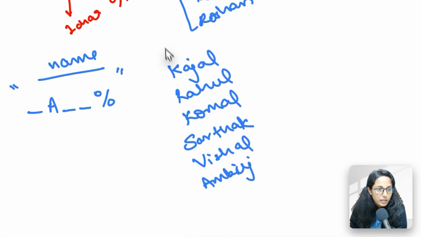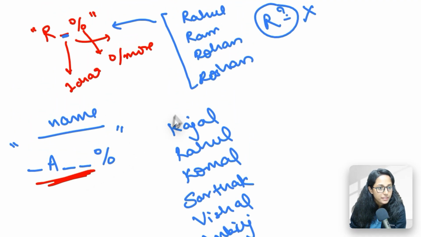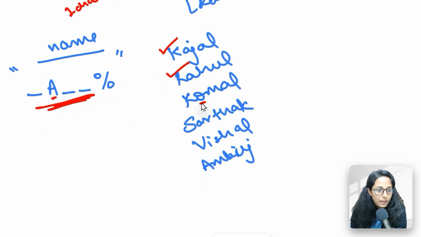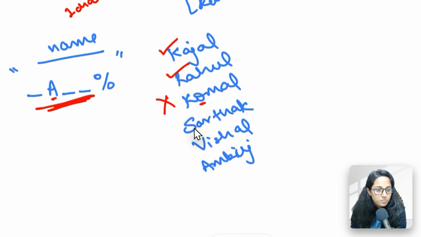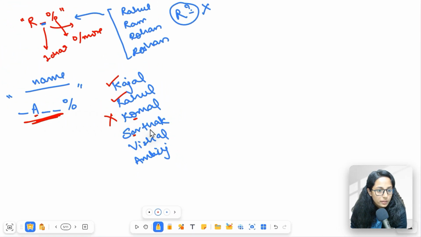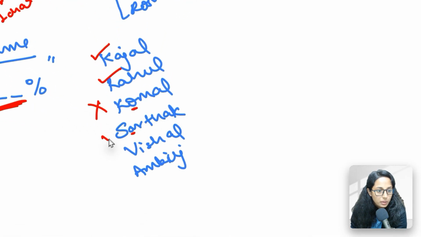So, out of these examples, which will this string satisfy? Kajal, yes, it can. Rahul, yes. Komal, oh no, the second character should be A and here we have O. So this won't. Sarthak, we have A in the second character and 1, 2 are there and then we can have multiple characters. So this can also be included.